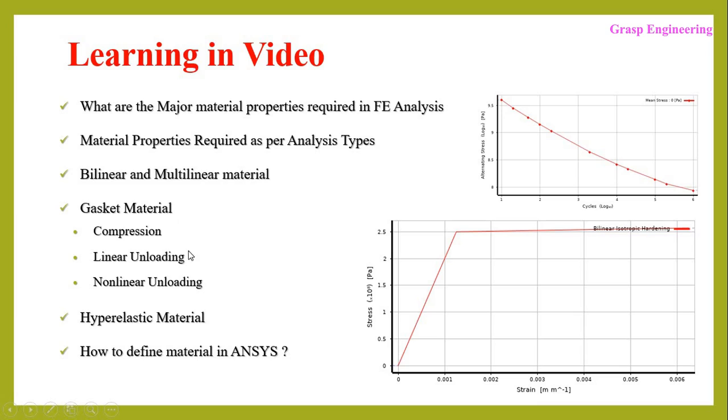Then we have a gasket material like compression, linear unloading, non-linear unloading. In addition to that, we can define gaskets by another material method, that is hyperelastic material. So how to input all these material details in ANSYS we're going to discuss in this video. So now we will go to our blog.